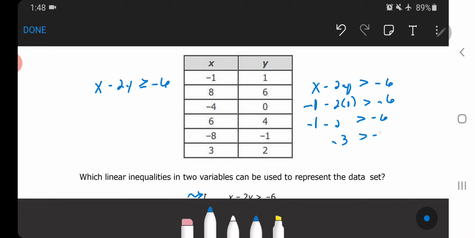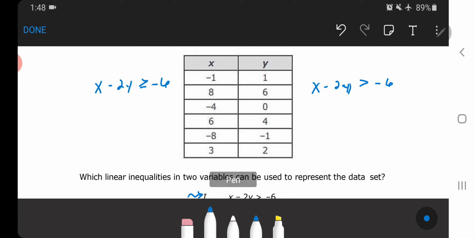Is negative 3 greater than negative 6? That is a true statement. And kind of the same thing we get over here, where I wrote it down. Negative 3 would also be greater than or equal to negative 6. Okay, so that point works out. We need to check the next point.